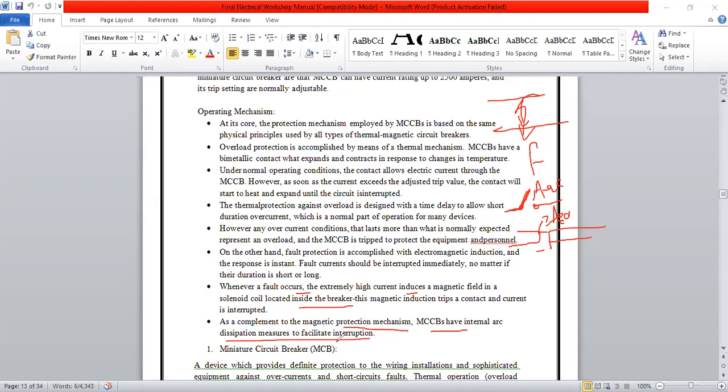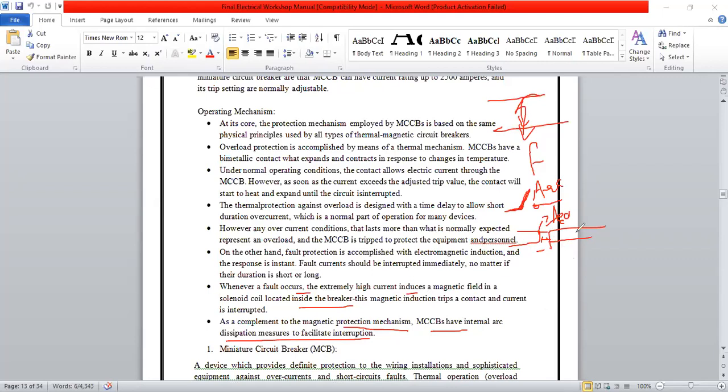This arc is due to the ionization in the air gap between these two conductors, or ionizing particles between the two electrodes. So due to that ionization the arc is produced.